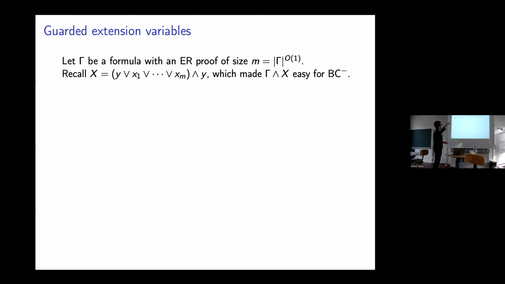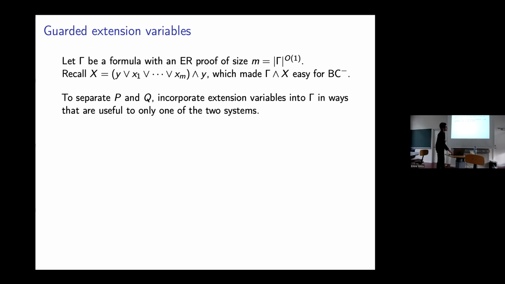Okay, so remember, we will have a formula which has short proofs in external resolution, and we had this translation which made it easy for BC. So to separate two systems, which will be one of the four systems that we talked about, we will incorporate extension variables in ways that are different than this, in such a way that it's useful.